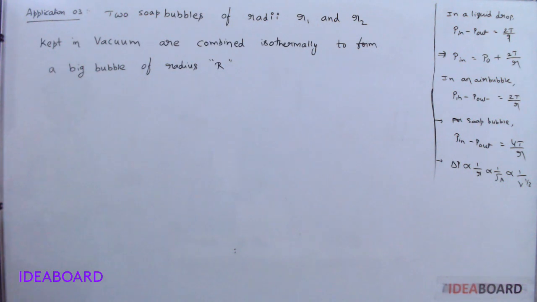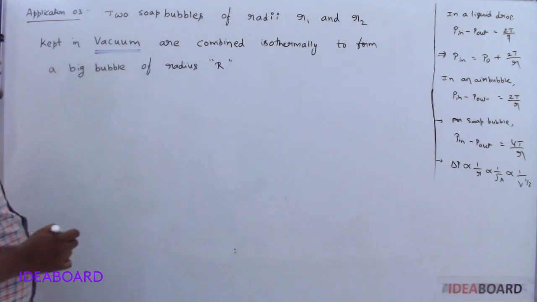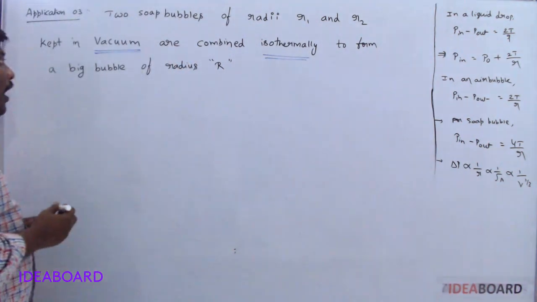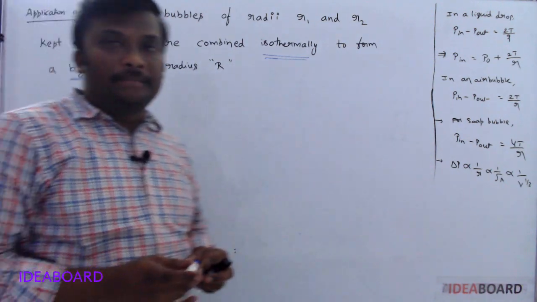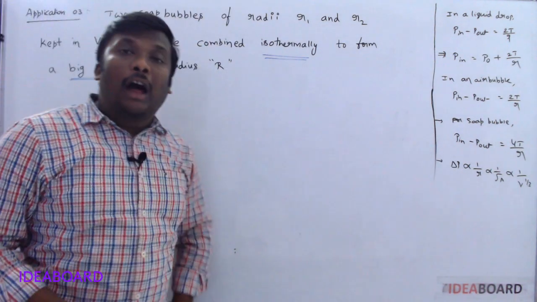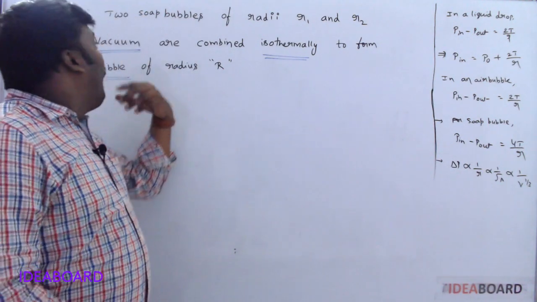Our next application: two soap bubbles of radii R1 and R2 are kept in vacuum and combined isothermally to form a big bubble of radius capital R. Now those two soap bubbles are not in the atmosphere, they are in vacuum.